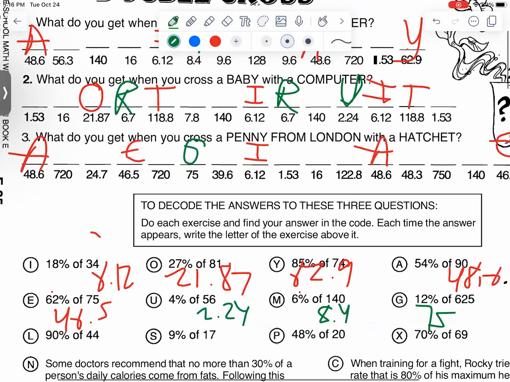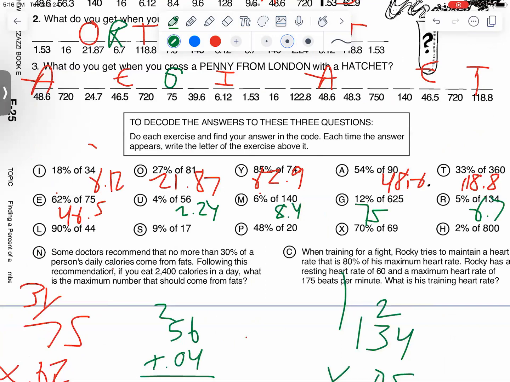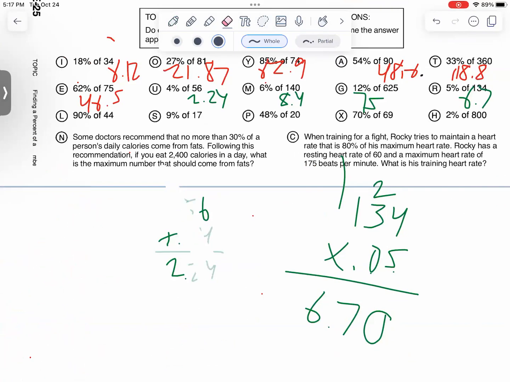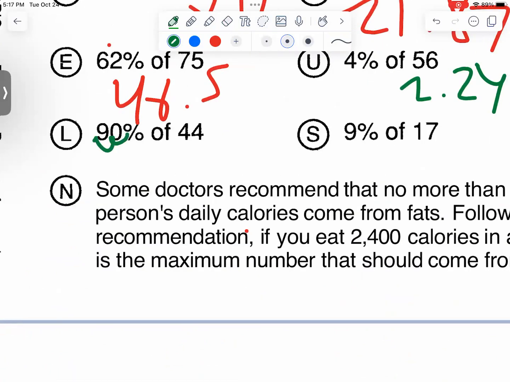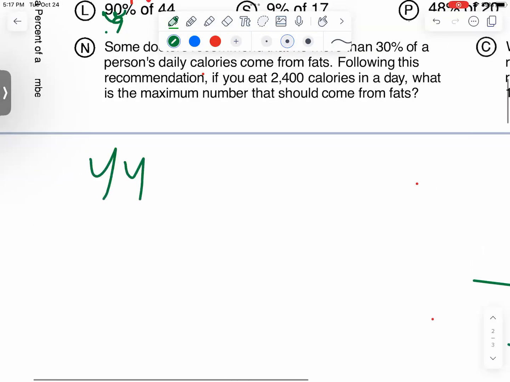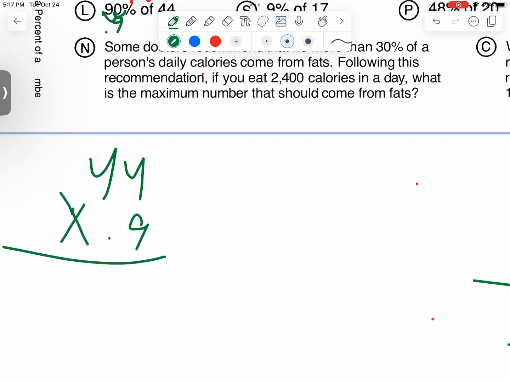Okay. All right, on the next row, we have L is going to be 90% of 44. So that 90%, when we make it a decimal, it's going to be 9/10 or 90/100, right? So 0.9 or 0.90, doesn't matter. So 44 times 0.9. That's the way I prefer to do it because it's one less row.